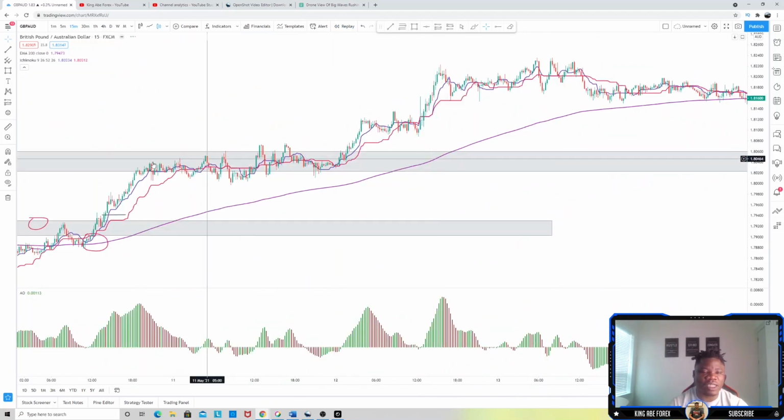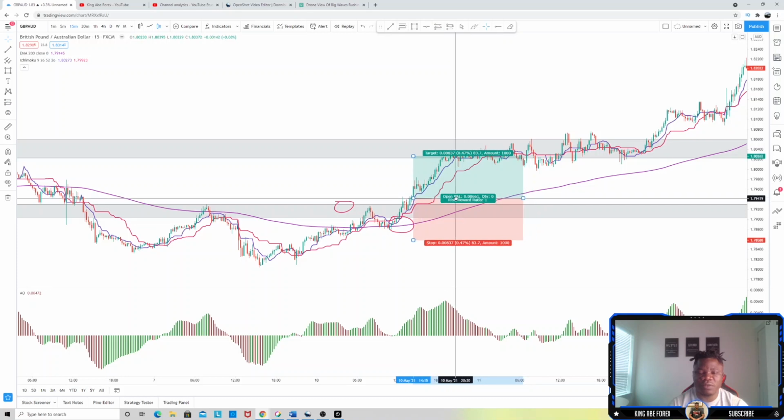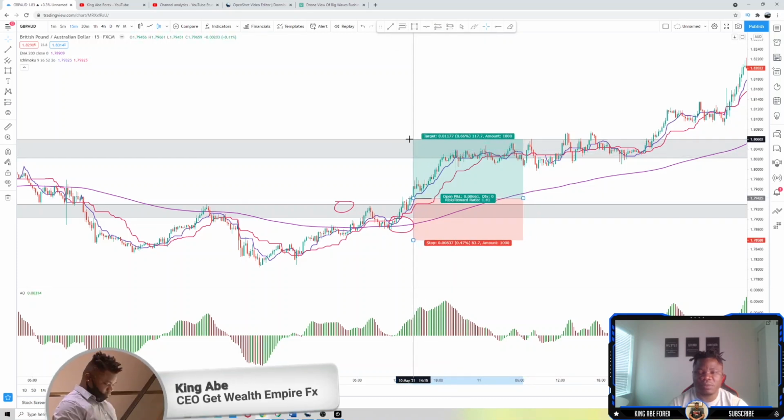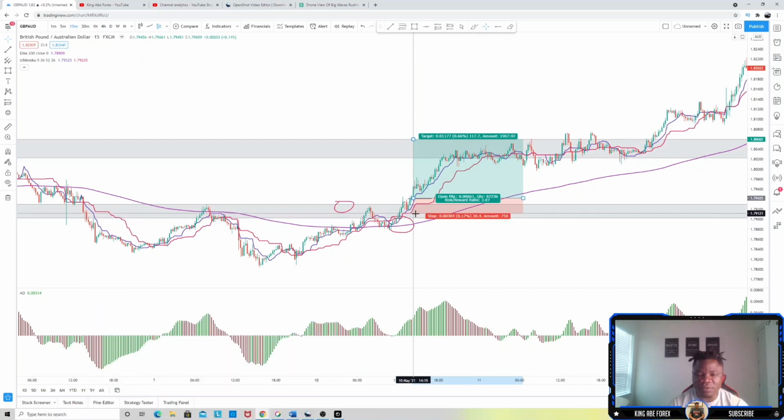So if I delete this and we take a look at what our risk to reward ratio was on that buy trade, let's see. Our take profit right here smashed for 117 pips, and we have our stop loss right over here.